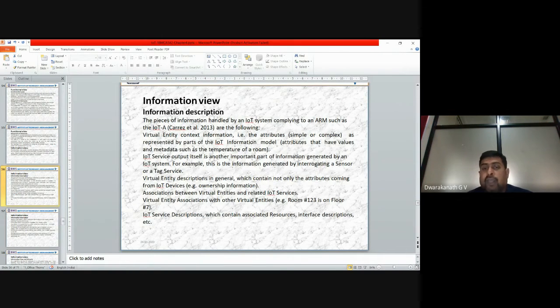Why are these things important? When I want to make an automated smart building, these terms are very much important, because without human interaction it should know. For example, if I ask where room number 123 is, the door or window should be opened.